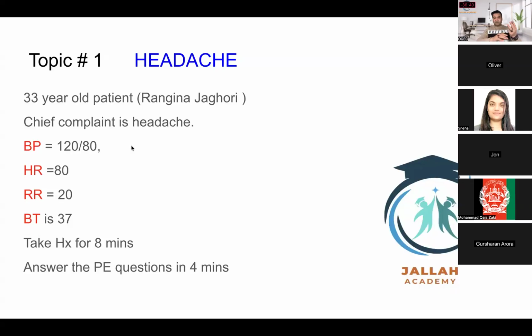So first of all, we have to know that if they're asking me for a differential diagnosis, I can provide them with three differential diagnoses or five maximum. I cannot just give them a list of 13 conditions. Maximum is five, minimum is three. I would stick with three. So my differential diagnosis, the first and most important one, is migraine.